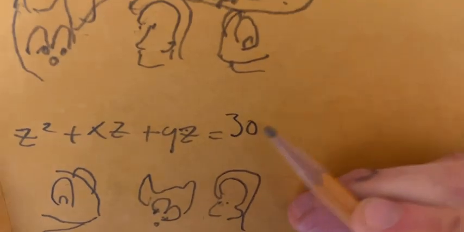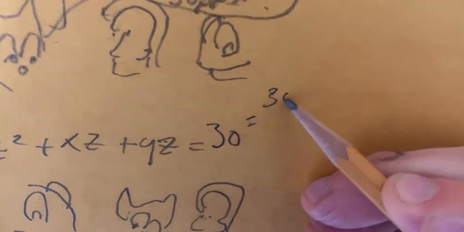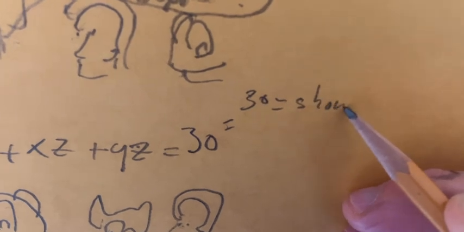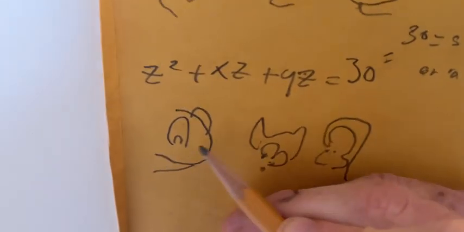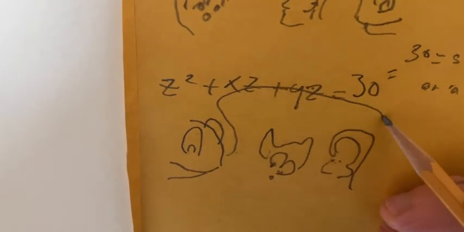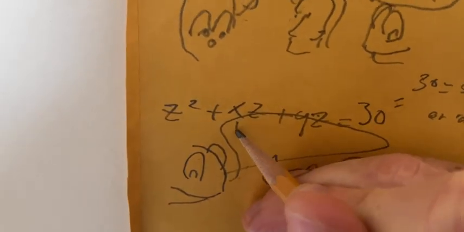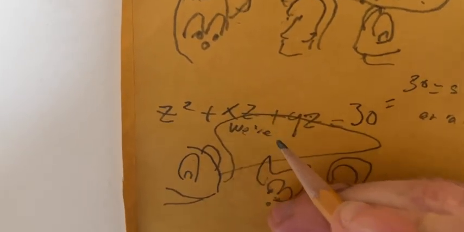Zoomba said, okay, 30. 30 is showers, or rain. It says, we're going to go in the rain.